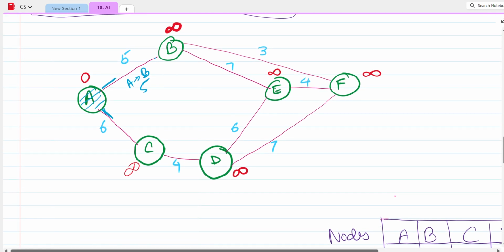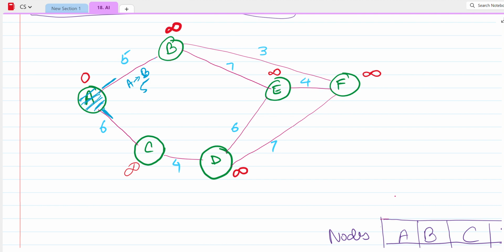Now our starting node is A. What you have to do is, we'll go from A to all the connected nodes, which are B and C in this case, and we are going to update the value based on the cost.